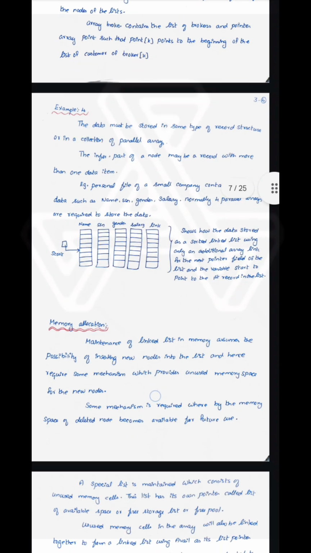Example 4. The data must be stored in the same type of record structure or in a collection of parallel arrays. The information part of the node may be a record with more than one data item. The personal file of a small company contains data such as name, USN, gender, salary, normally for parallel arrays.